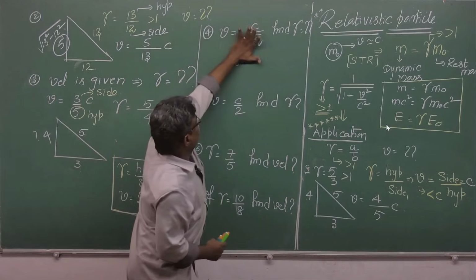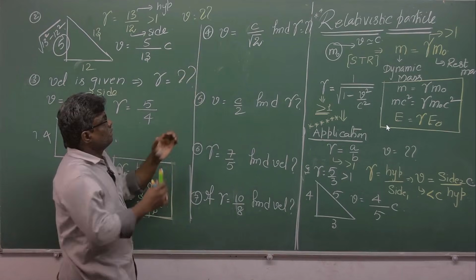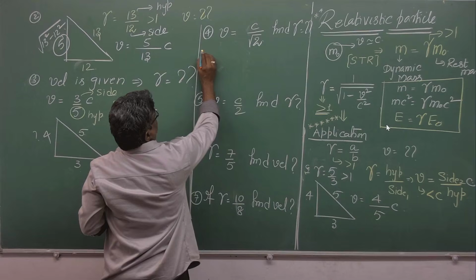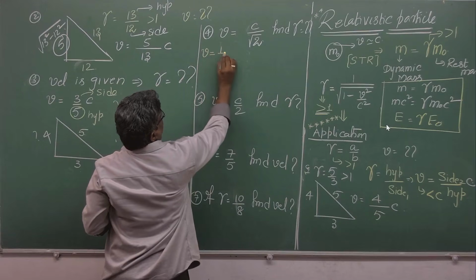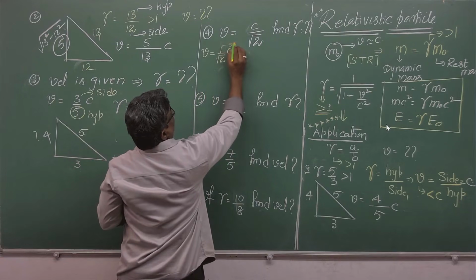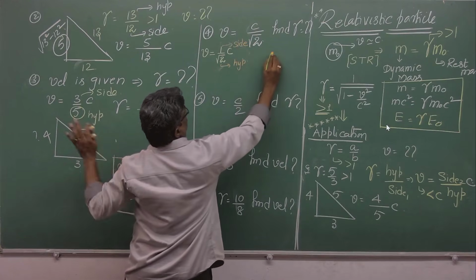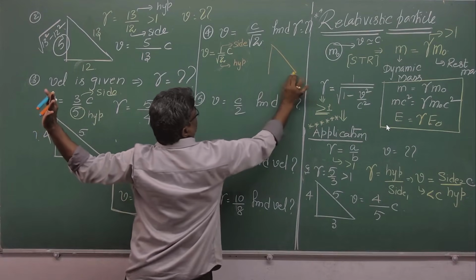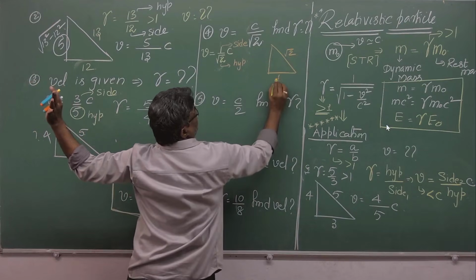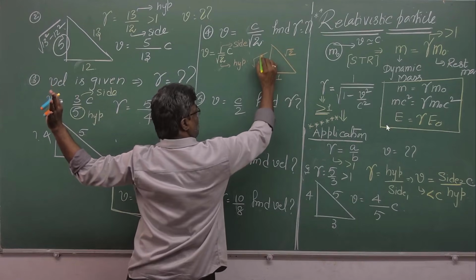Okay, first one I will tell. Still if anybody didn't understand, shall I explain the fourth one? Root 2. Good. Still if anybody didn't understand, velocity equal to 1/√2 c. So velocity numerator side, denominator hypotenuse. Don't write, see the board. Next one you have to do: hypotenuse √2, side 1. So this is under root 2 square 2, 2 minus 1, 1.